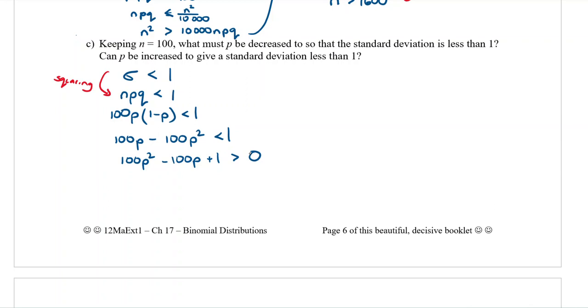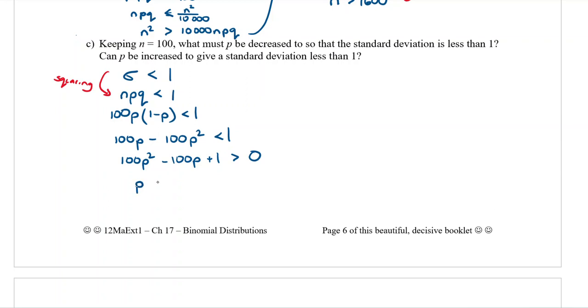Now, to solve for p, you could try to find two numbers that multiply to give 100 and times to give negative 100, but it's not going to work. We're going to have to use the quadratic formula because it's going to be decimal answers here. So we're going to ignore the inequality sign for a minute and we're just going to use our quadratic formula to tell us the values for p.